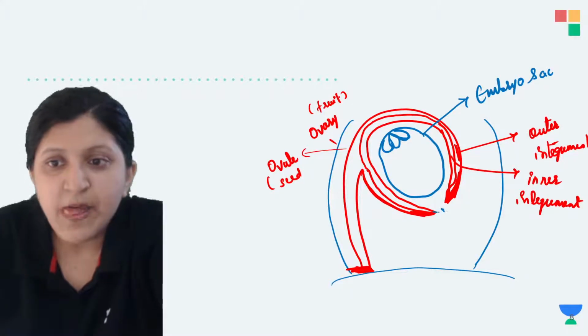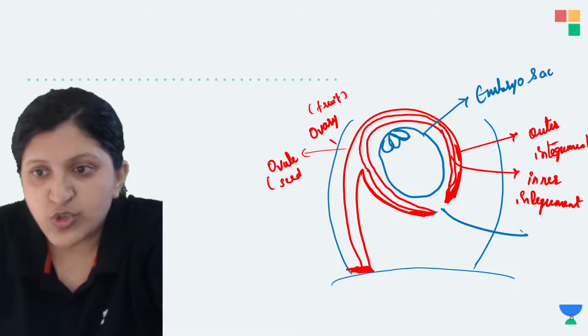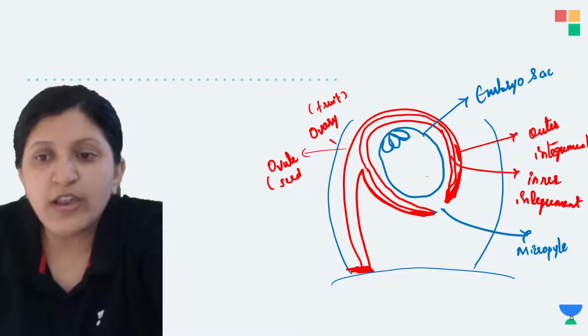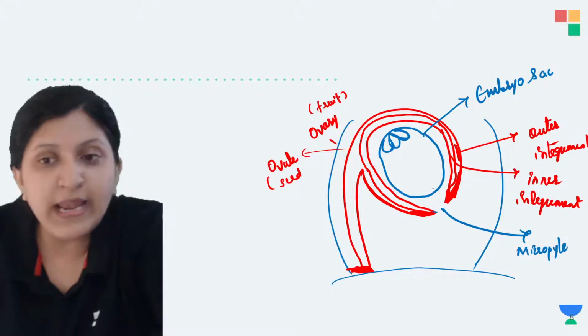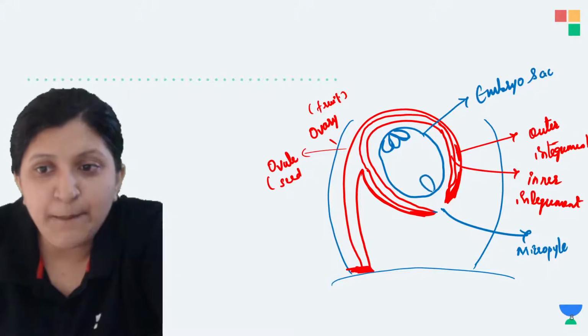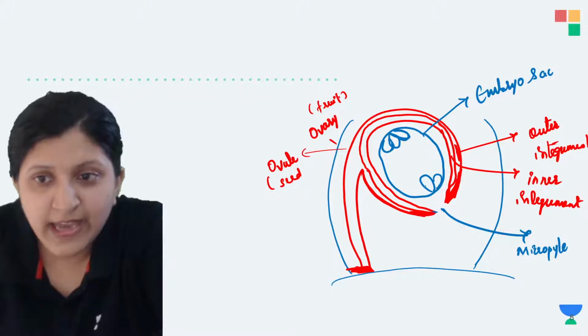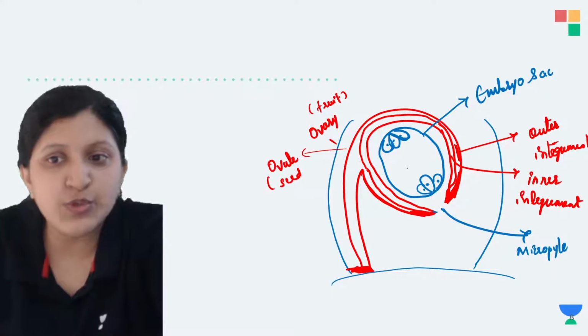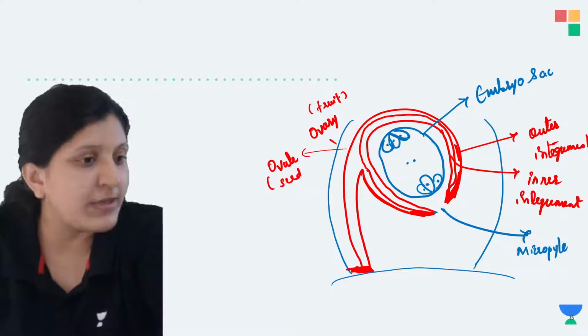This end where you see an opening, this opening is called the micropyle. So towards the micropylar end you can see an egg apparatus. That is the egg along with the synergids. They have their own nuclei. Antipodals also have their own nuclei, and here you can find the polar nuclei.